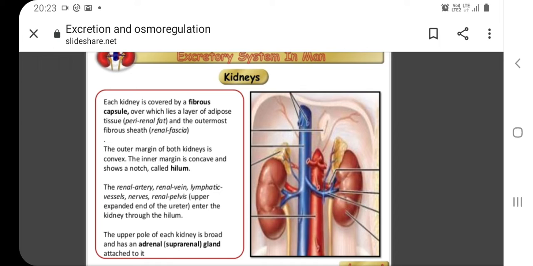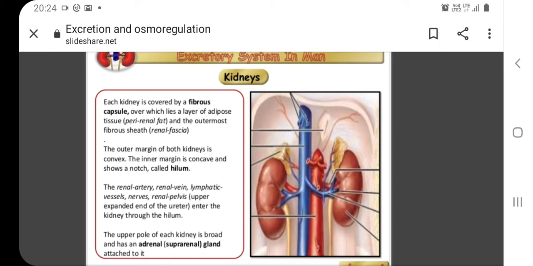The outer margin of both kidneys is convex while the inner margin is concave and shows a notch called the hilum.